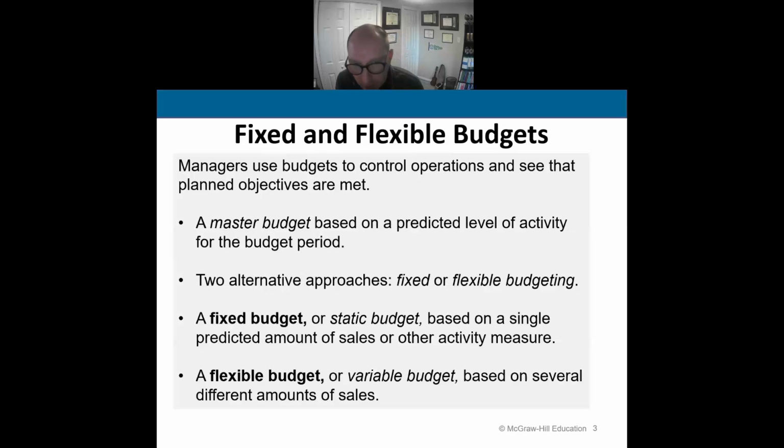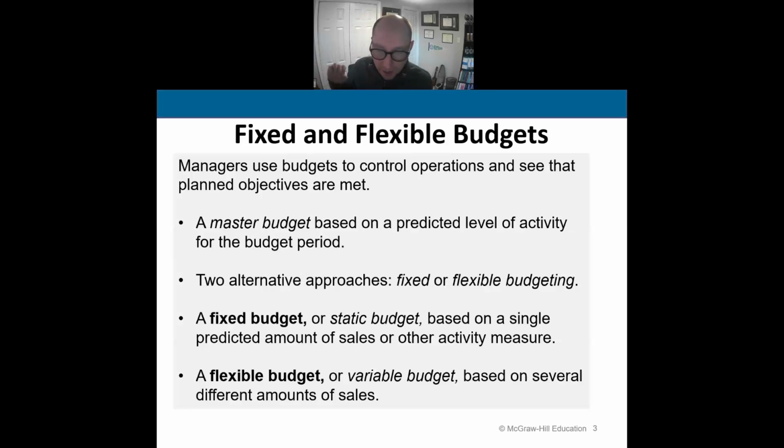Now here's how it works. Fixed budgets are static. They don't change regardless of how much is being sold. It stays the same. I can predict how many units I'm going to sell each month. That's going to be the same. I can predict my expenses for each month. That's going to be the same. It's fixed. It doesn't change.